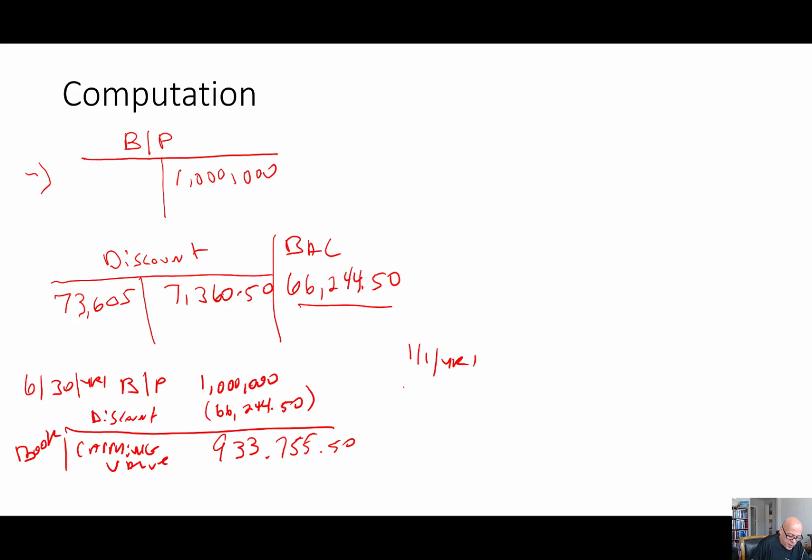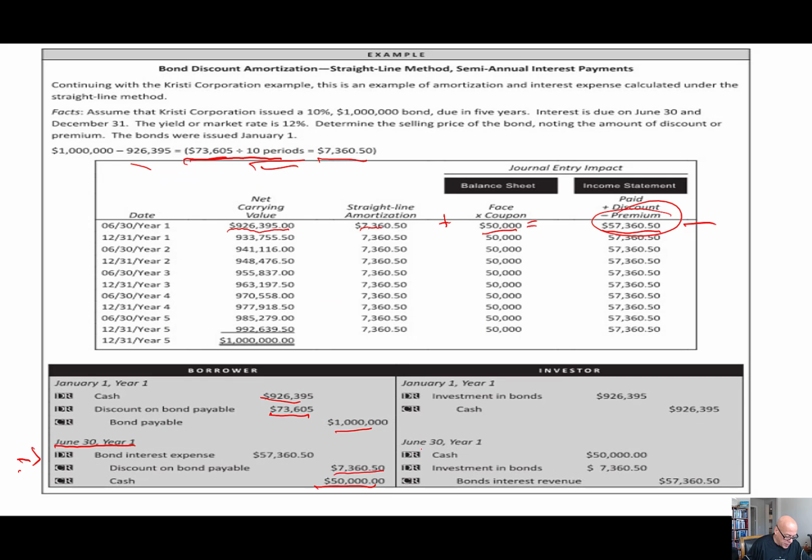The carrying value of the bond at January, when I issued this bond, if I picked up the discount at that time, was the $73,605 discount. That was that 900 and what was that? Not a stupid number. It's the amount of cash I got, $926,395.